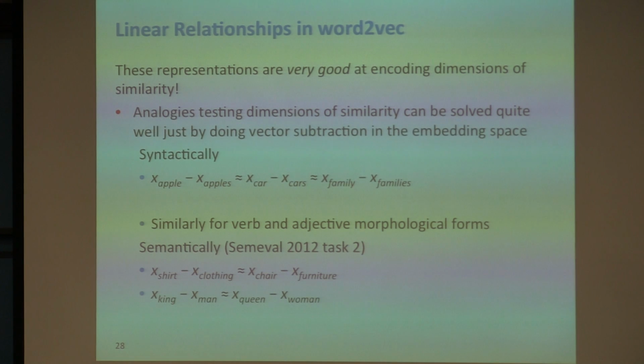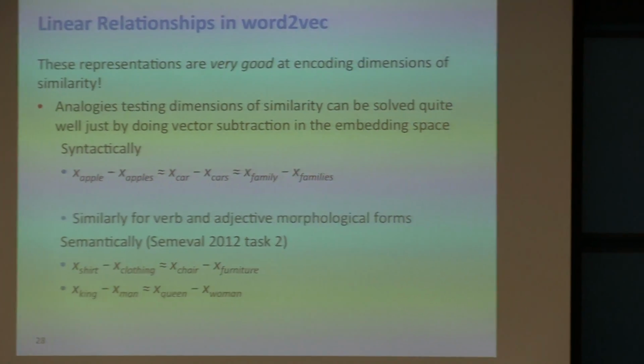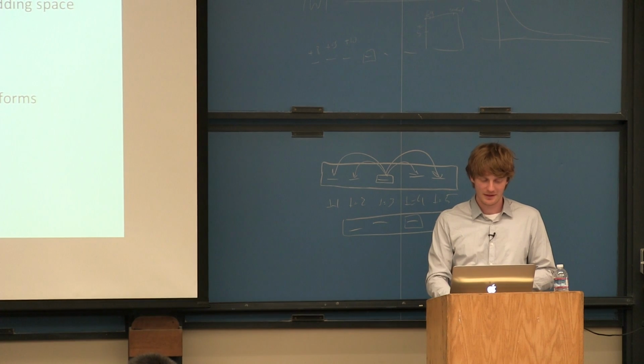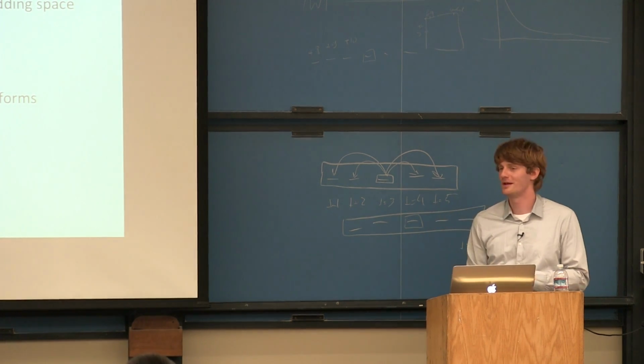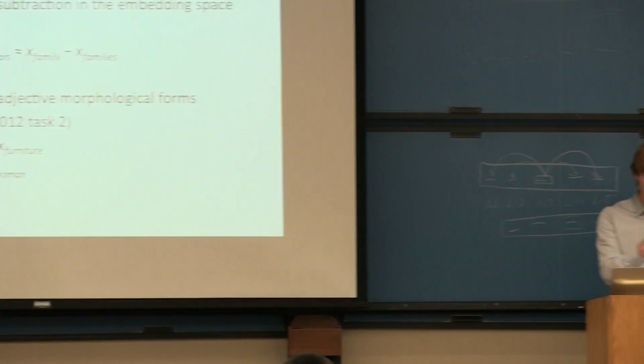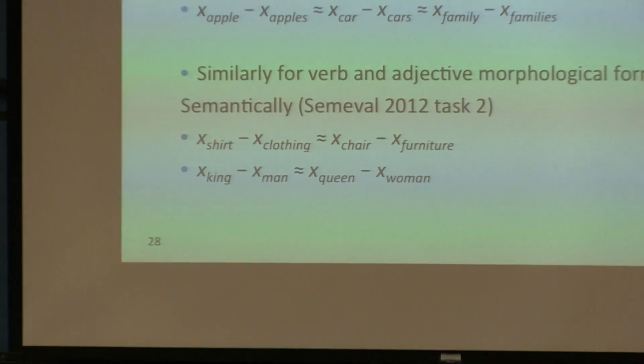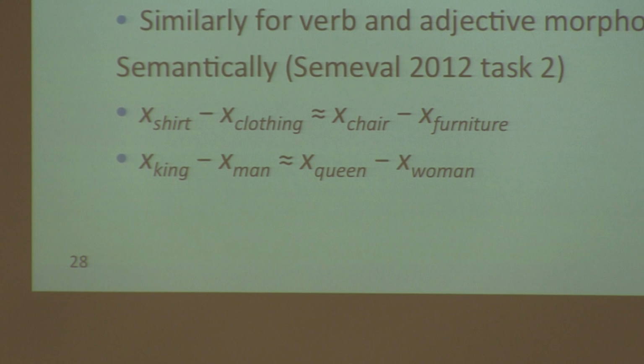So the model basically learned something by itself that otherwise we would have had human experts sit down for a very, very long time and try to manually encode. And this one is a very popular one that made the press also: subtracting man from king gets a similar vector to subtracting woman from queen.